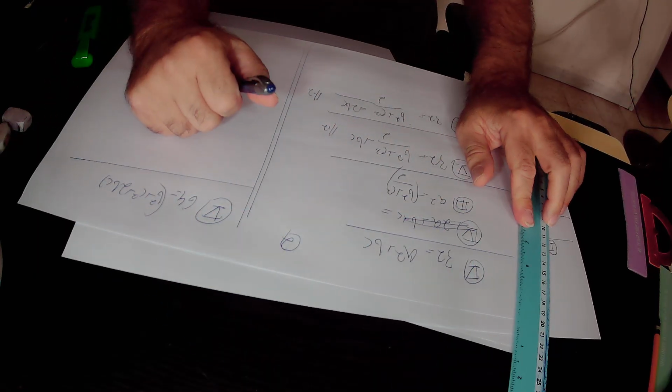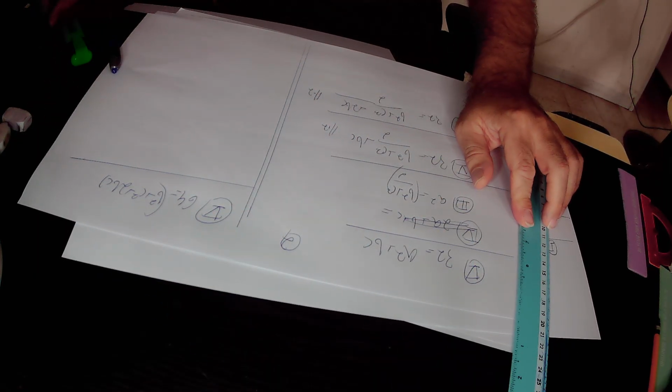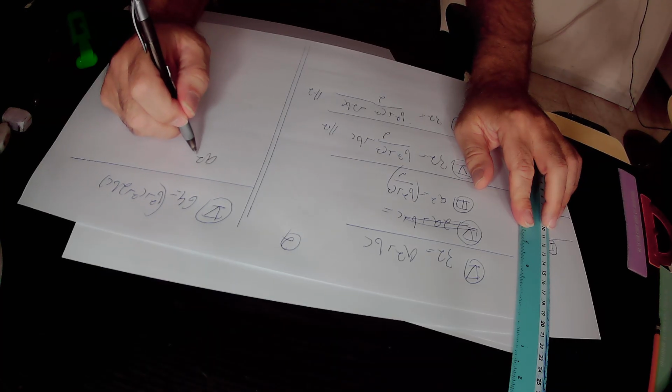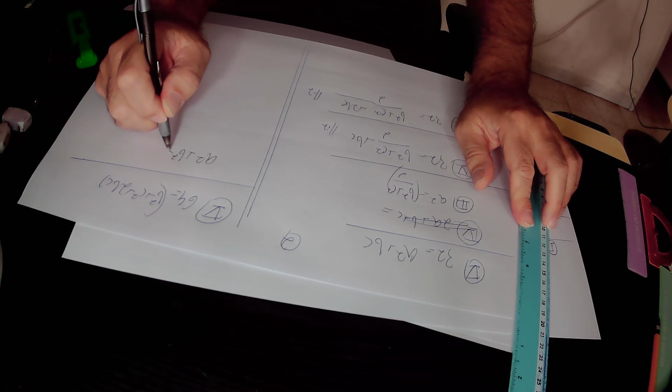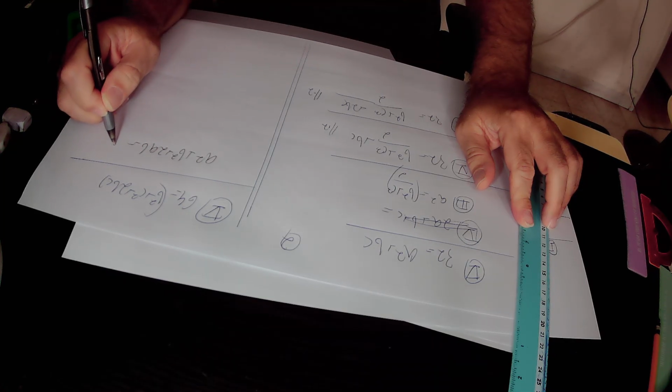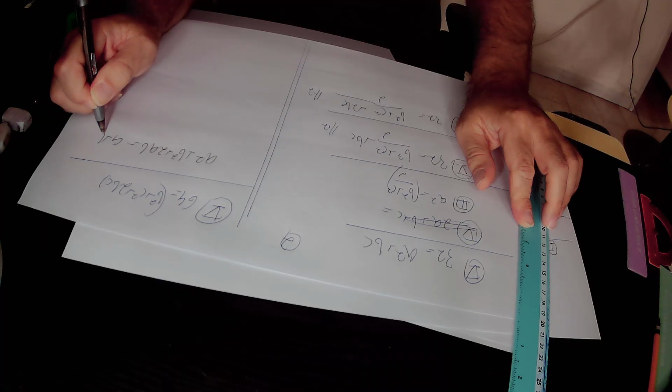So here we use the algebraic identity. It says that a squared plus b squared plus 2 times a times b equals (a plus b) squared.